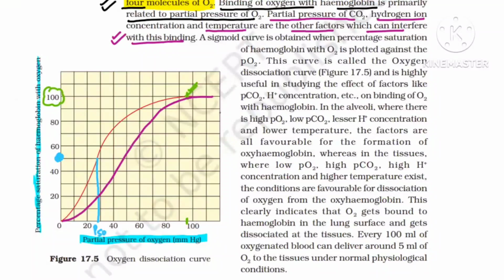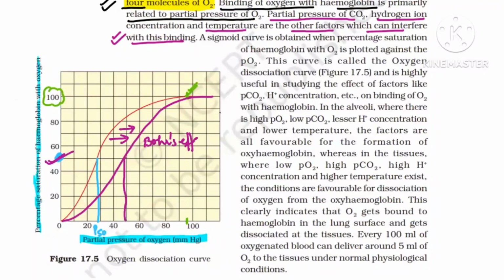As a result, at the tissue level, the P50, the partial pressure required to achieve 50% hemoglobin saturation, is more than what is required at the alveoli. So we say the curve has shifted to the right, and this is known as Bohr's effect.